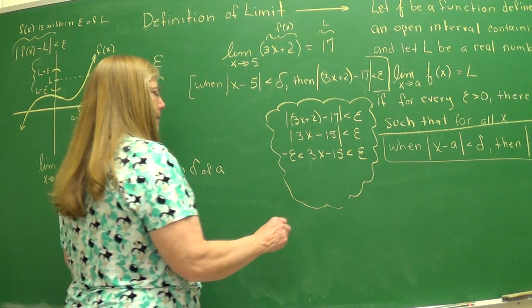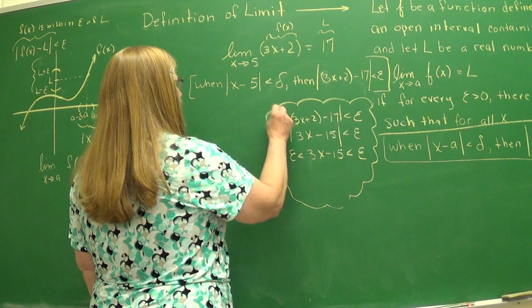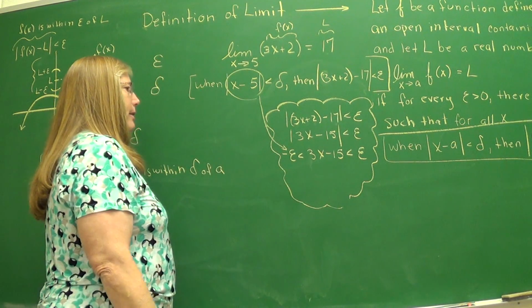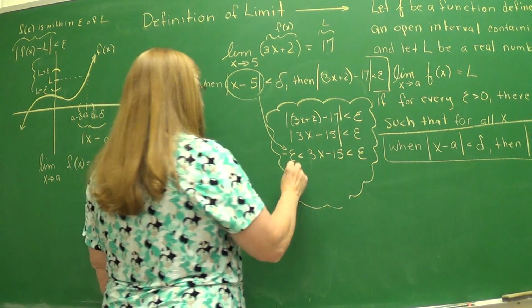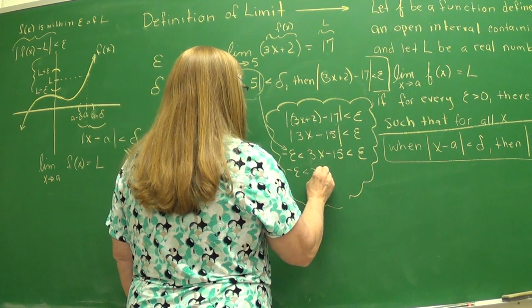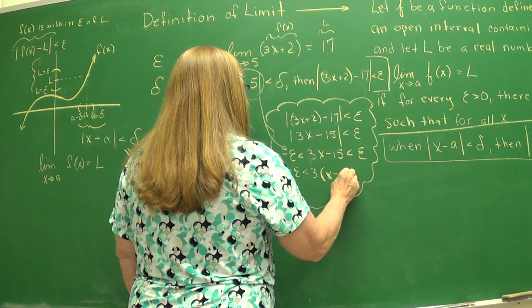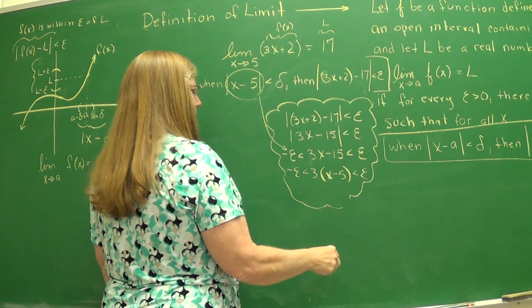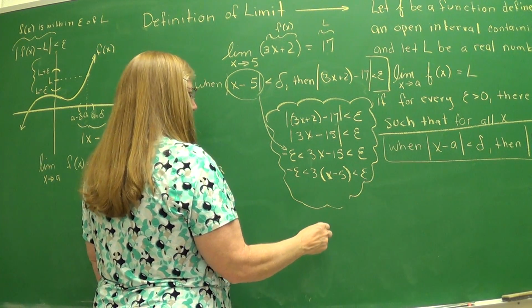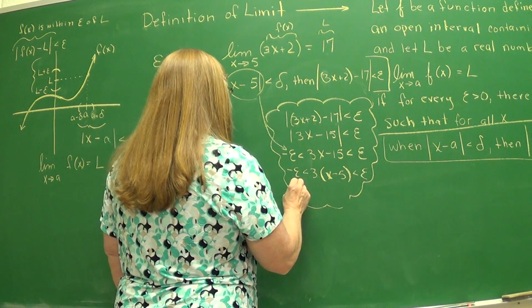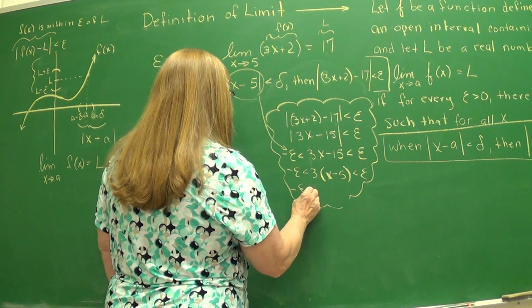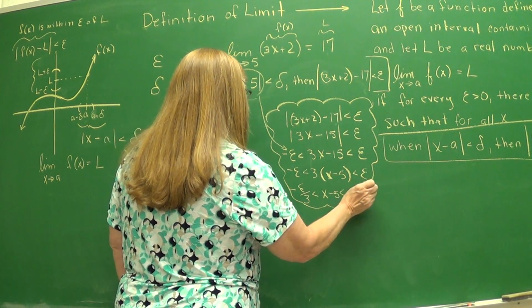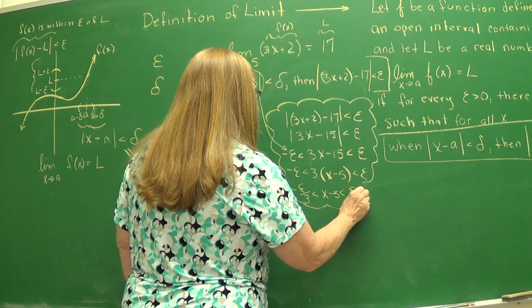Right now, in my thoughts, I want this to appear inside of this some way. So let's factor out a 3 from the middle. See how I'm aiming for an x minus 5 in my backwards thinking. So now divide everything by 3. I get negative epsilon over 3 is less than x minus 5, which is less than epsilon over 3.